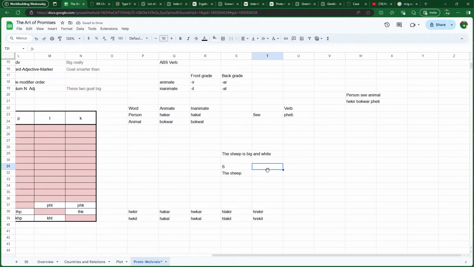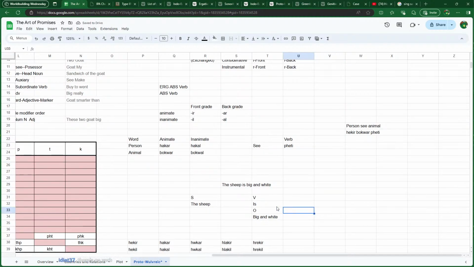Then our verb is, but then this splits down into the object, right? Which is big and white. And then the actual verb itself is.